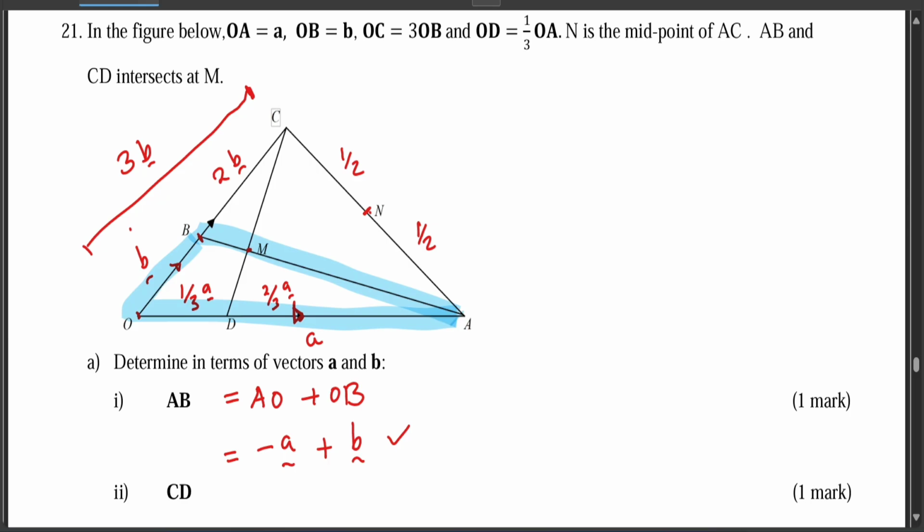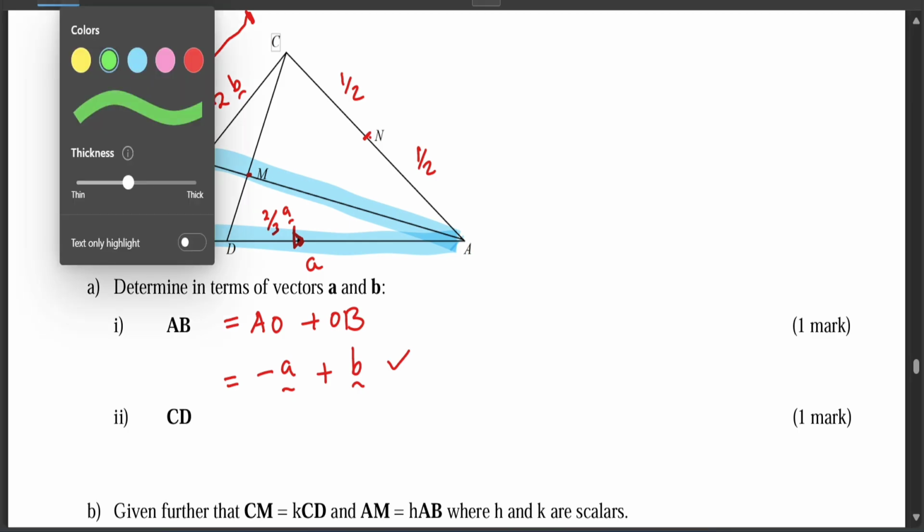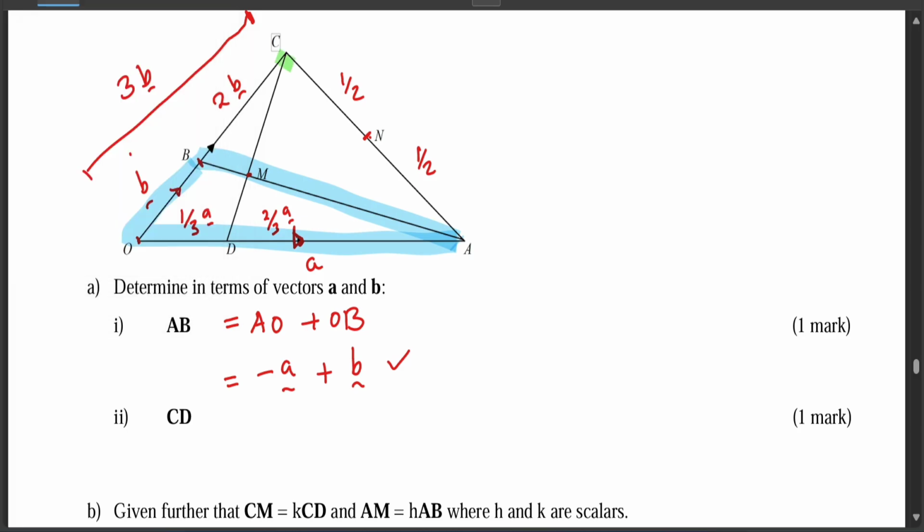Roman 2, vector CD. Now for vector CD, you use the same ideology, which is here. So this is CD. So for you to reach D starting from C, you will take CO plus OD.